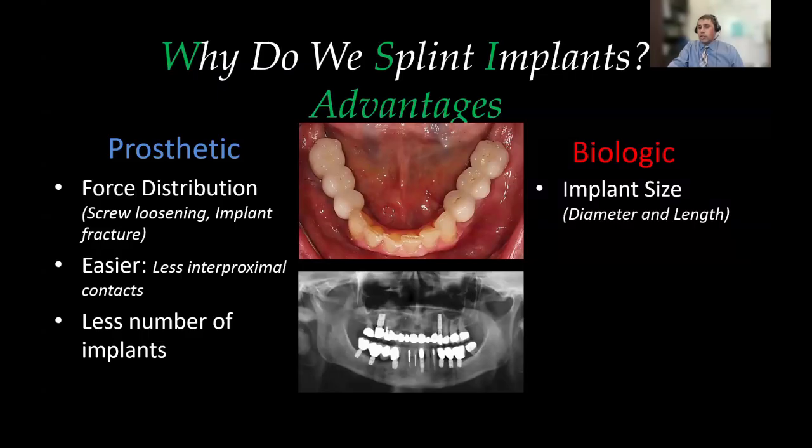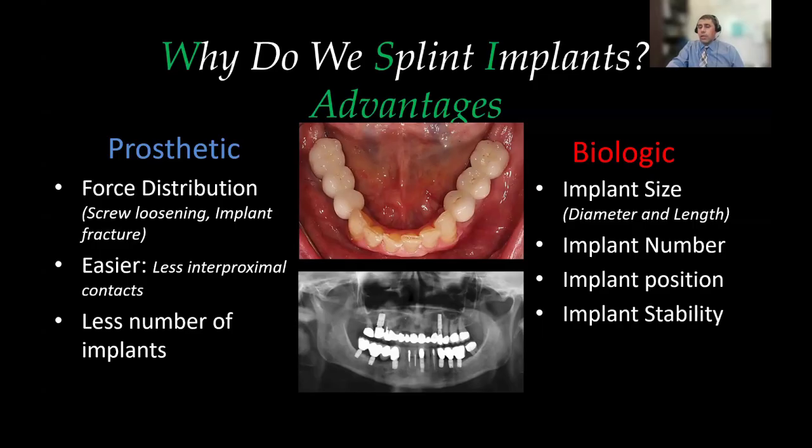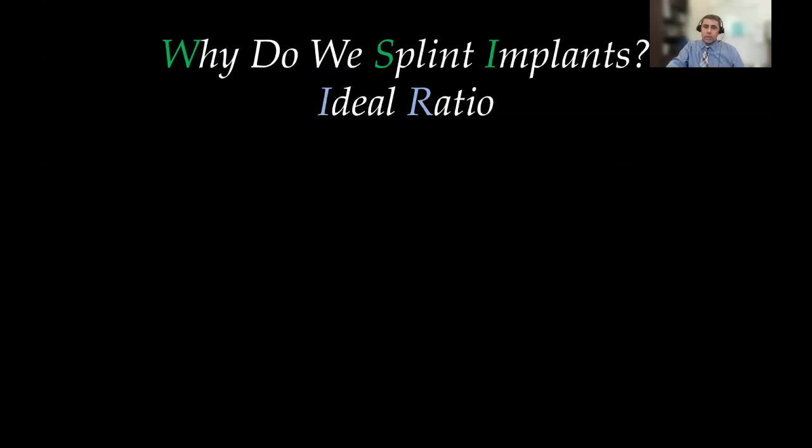There are biological advantages, and that has to do with implant size and diameter and length, meaning if you cannot achieve the ideal diameter and length, now considering distributing the forces among multiple implants can allow you to use smaller implants. Implant numbers, again, you may use fewer implants, particularly with proper size and position of the implant and pontics. And it's going to result in more implant stability over time, particularly if cross-arch stabilization is utilized.